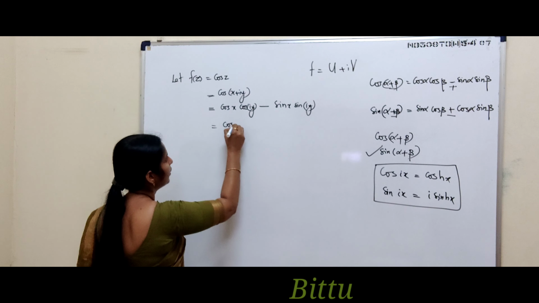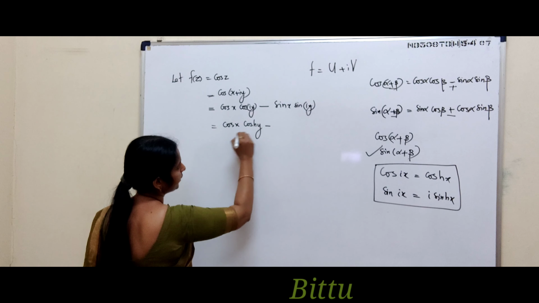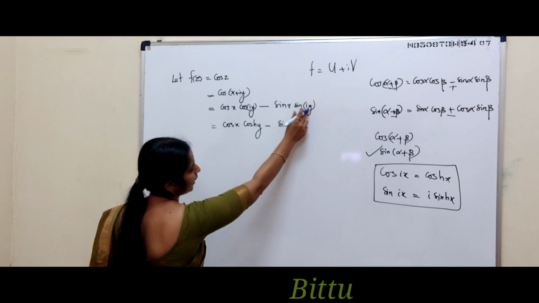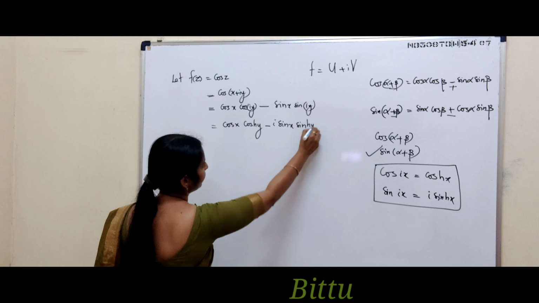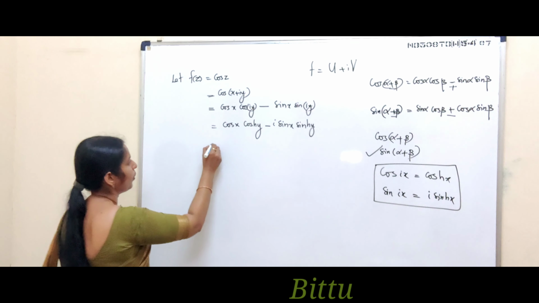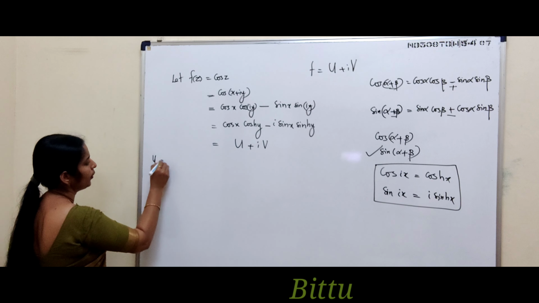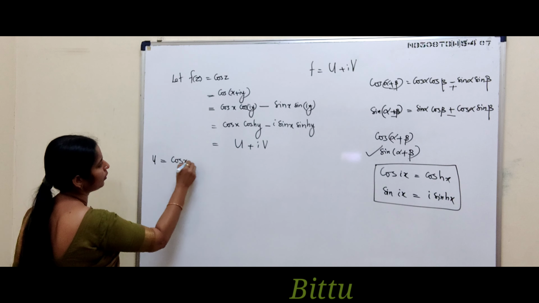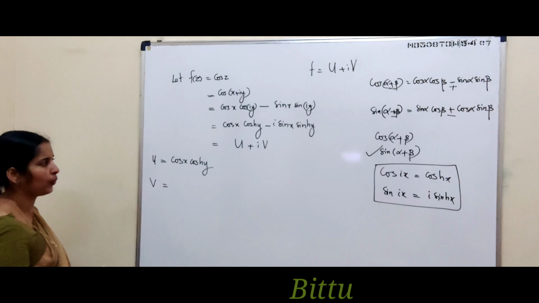What is cos iy? It is cosh y. Minus sin x into, what is sin iy? It is i sinh y. Now it is in the form u plus iv. What is u? u is cos x cosh y and v is, what is v?